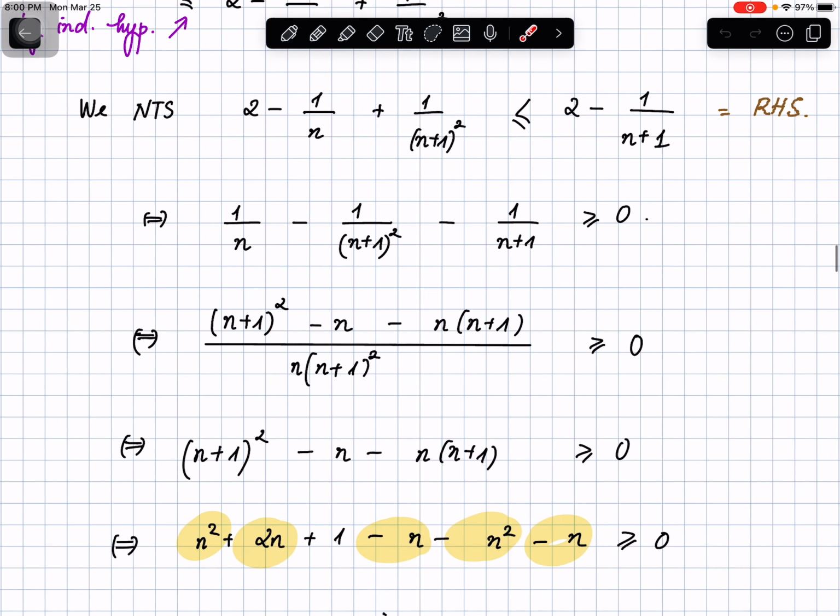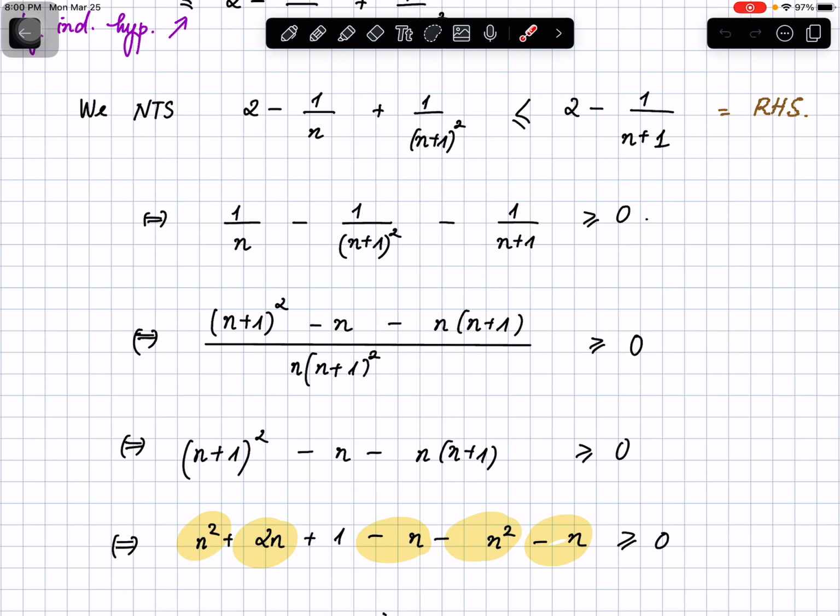The common denominator is n times (n+1)². And the numerator is (n+1)² minus n minus n times (n+1). The denominator is greater than 0, therefore we can just multiply both sides by this number.